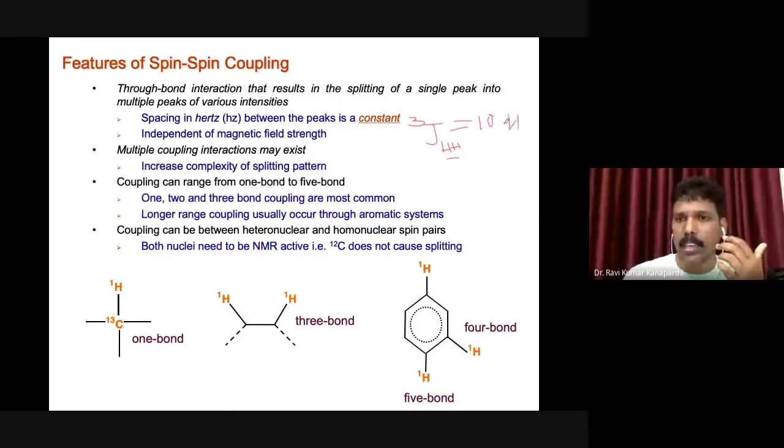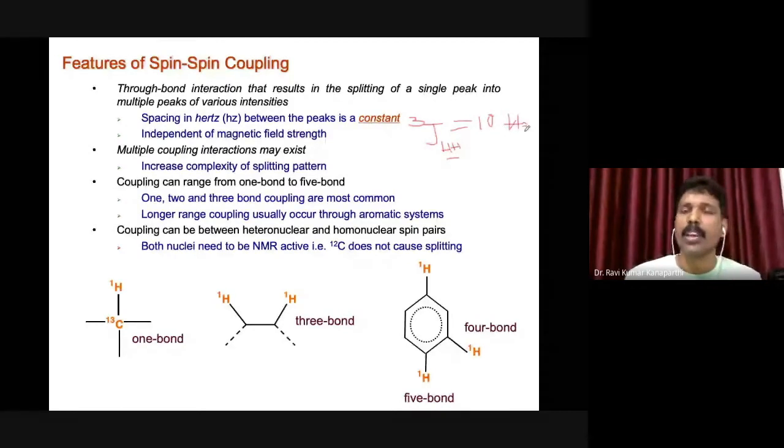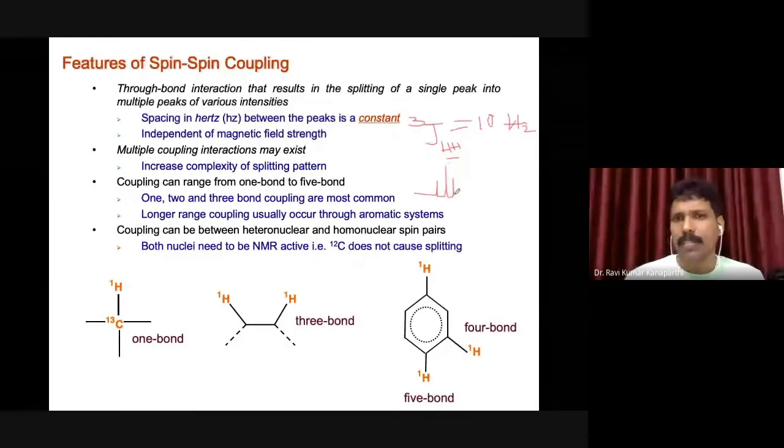So it is hertz. Now the question is, how do we measure this coupling constant? You may ask me, sir, okay, fine, but how do we record it? Experimentally, it's very simple. The difference needs to be measured.